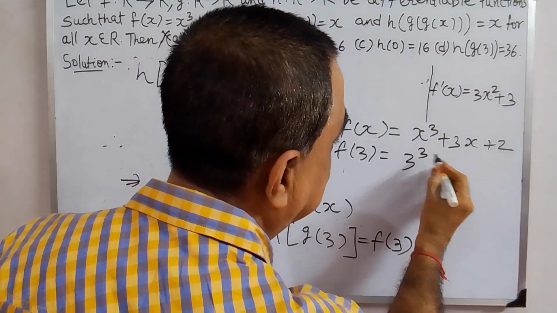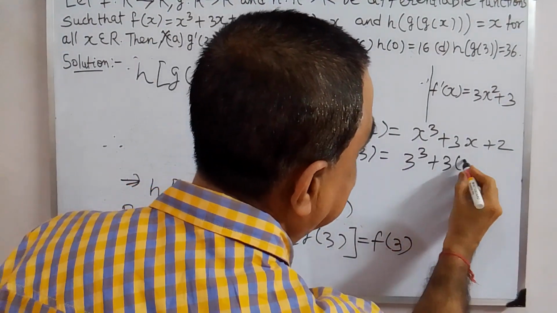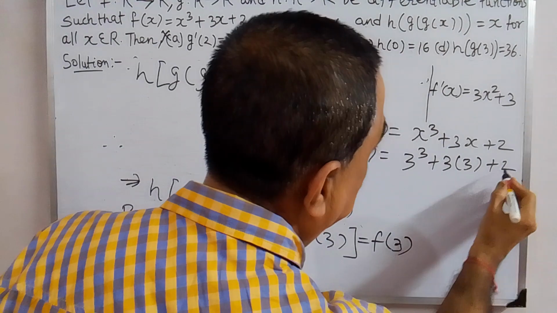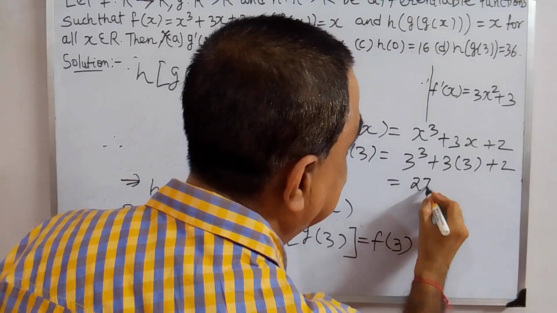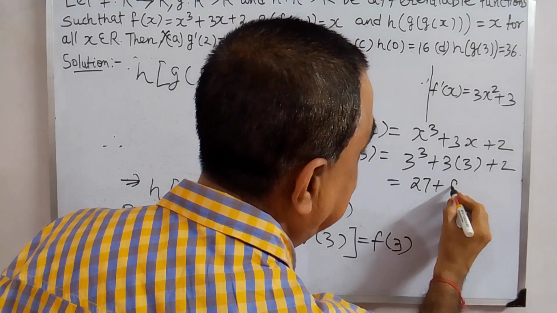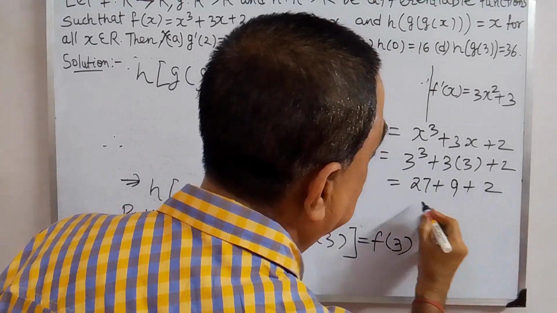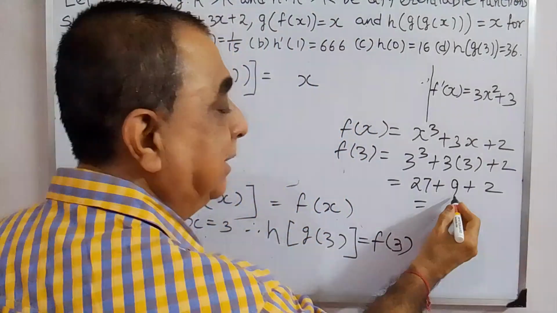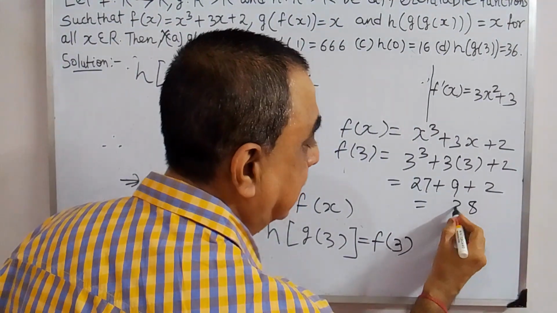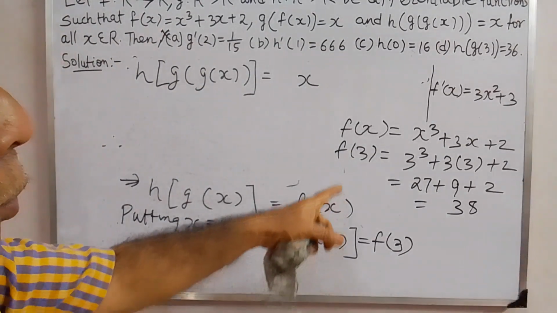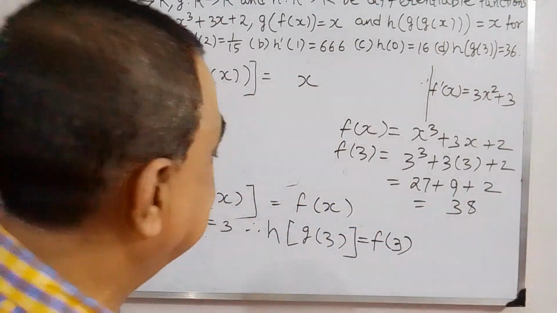So this will become 3 cube plus 3 into 3 plus 2. So 3 cube is how much? It is 27, plus 3 into 3 is 9, plus 2. So 2 plus 9 is 11, 11 plus 27 is 38. So you are getting f3 equal to 38.